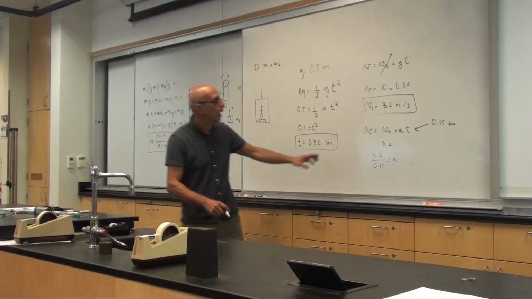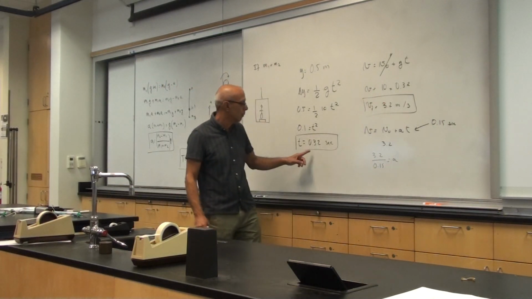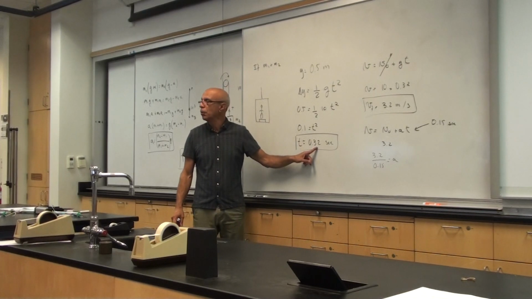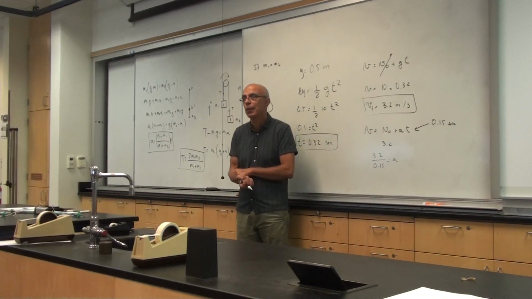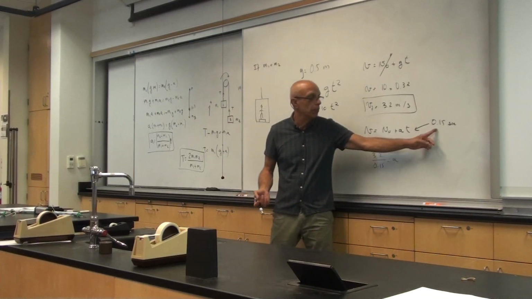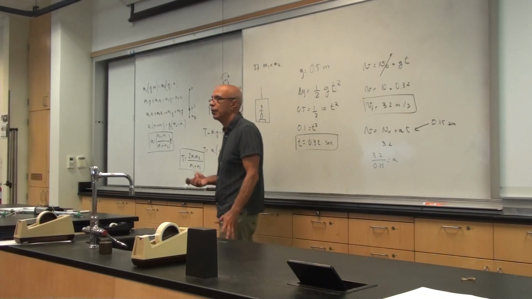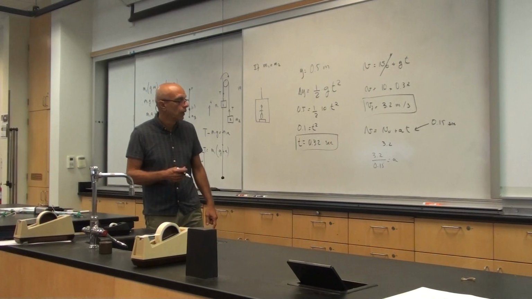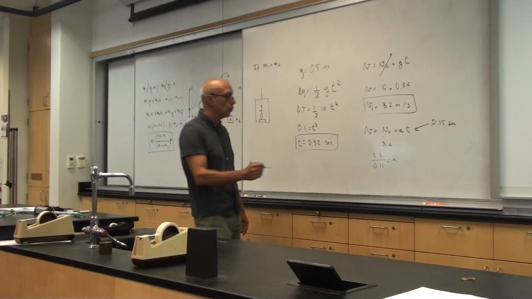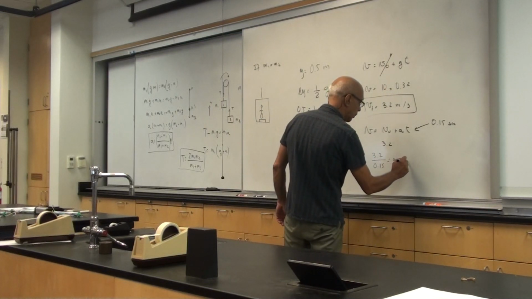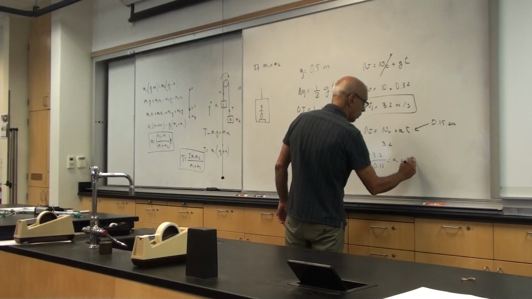The time to come down was 0.32, so I'm assuming about half of it to stop. Maybe it could be less, maybe just 0.1, but this is just an estimate. So how much is this going to be? 21.3 meters per second squared.